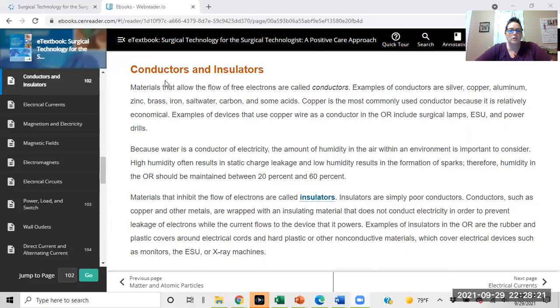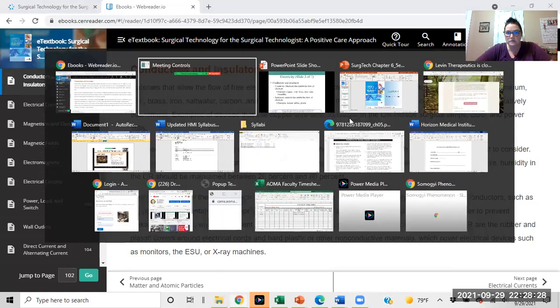So we're talking on page 102. Oops, sorry, I thought I was still sharing. Okay, as you can see here in the book, conductors are materials that allow the flow of free electrons.